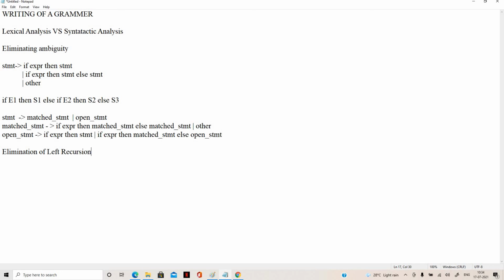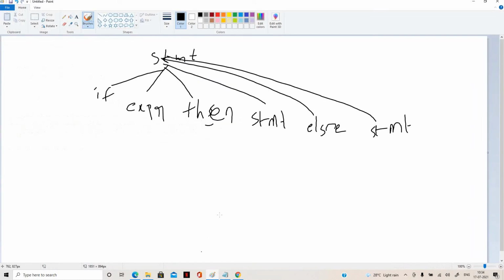We say a grammar has left recursion when, if I consider one non-terminal A, there is a derivation A tends to A alpha, for some string alpha. Then we say that it is left recursive.